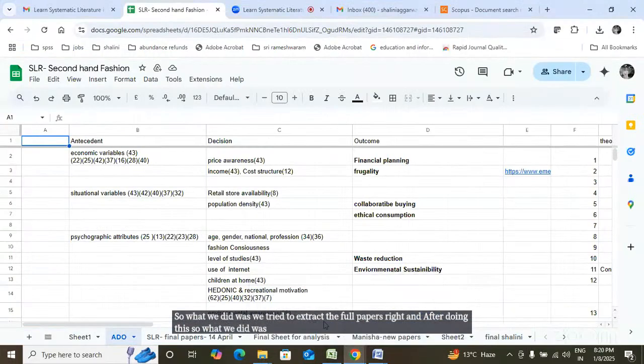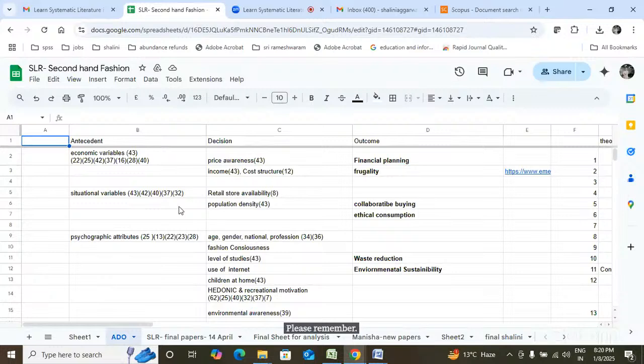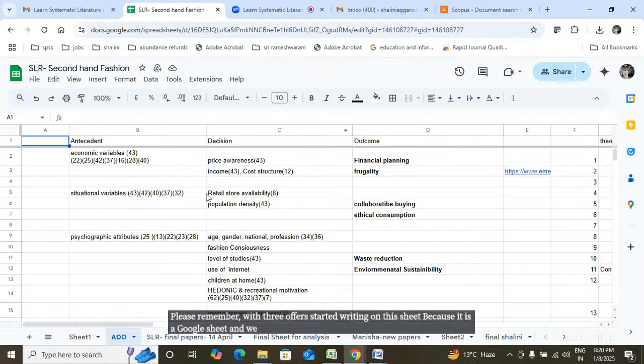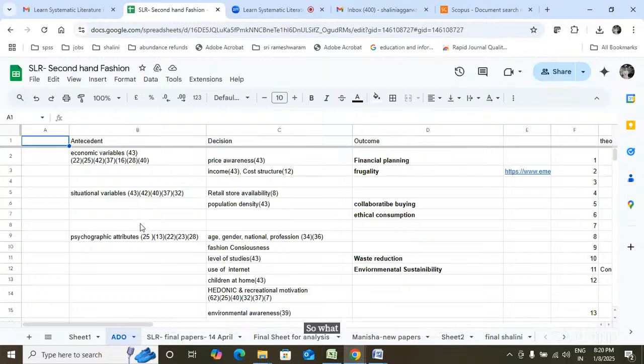Whatever we thought was the right word, we started writing here randomly. The three of us wrote on this sheet because it is a Google sheet shared among us, so we can see what the other person is doing.